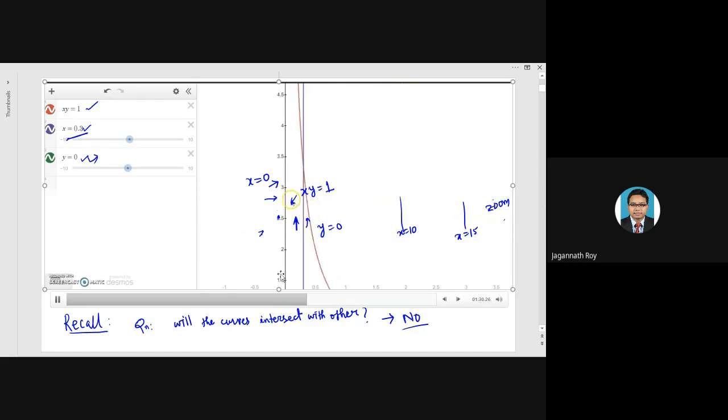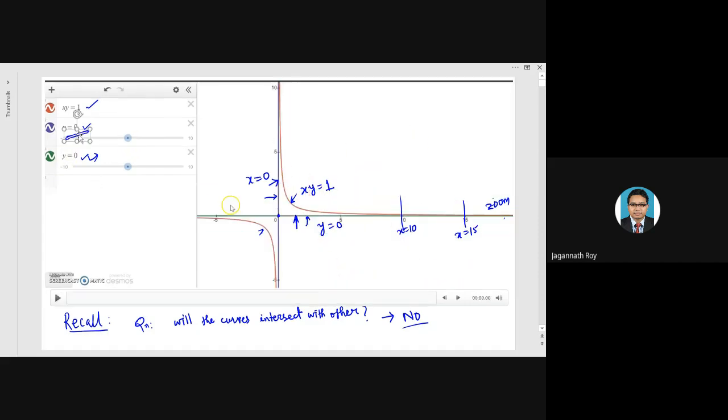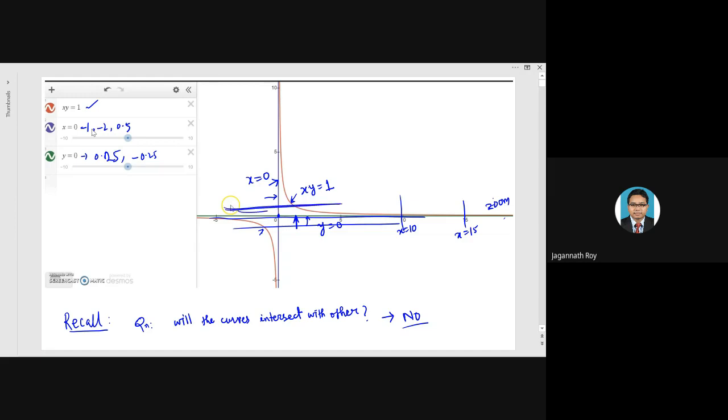But if you make just a slight change, instead of 0, if you make it -1 or -2, or 0.5, or here also 0.25, maybe -0.25, whatever you take, the line will go up and down.